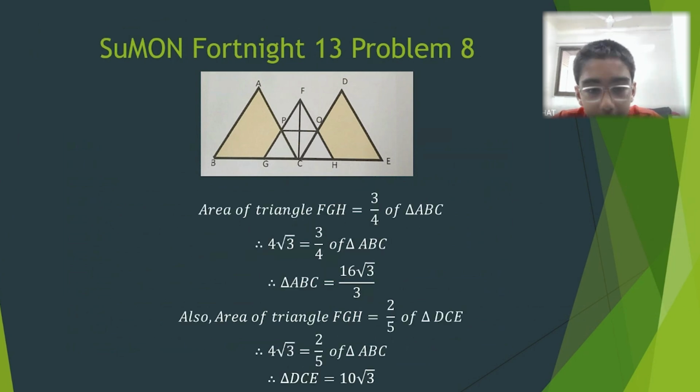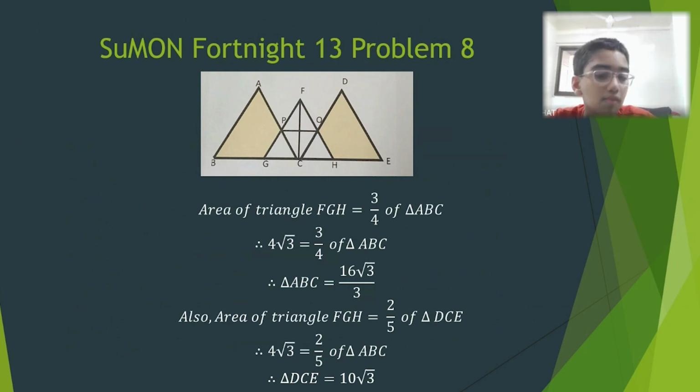Now, the area of triangle FGH is 3/4 of the area of triangle ABC. By solving, we get that triangle ABC's area is 16√3 upon 3. Now, also the area of triangle FGH is equal to 2/5 of the area of triangle DCE.